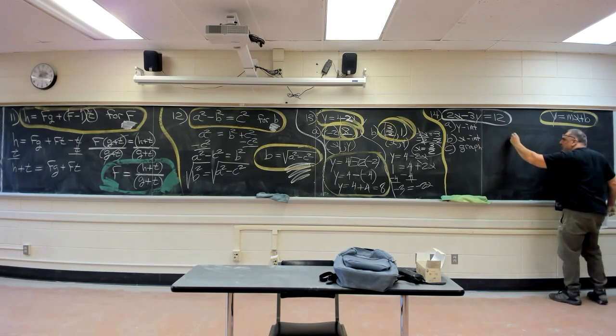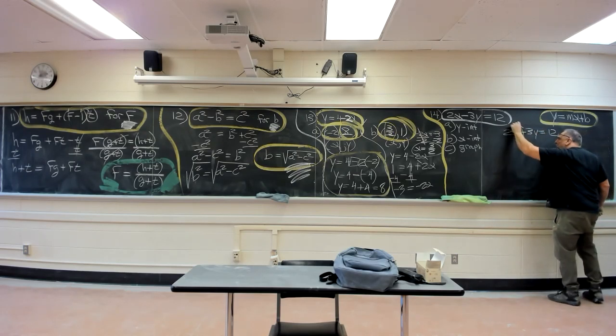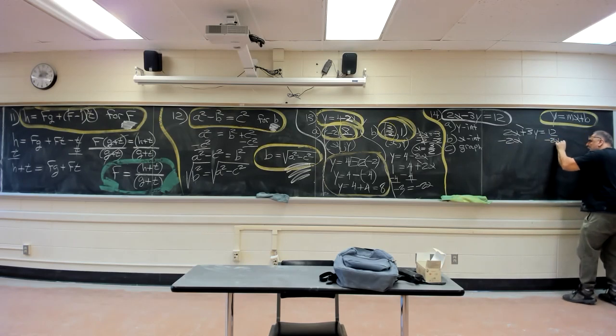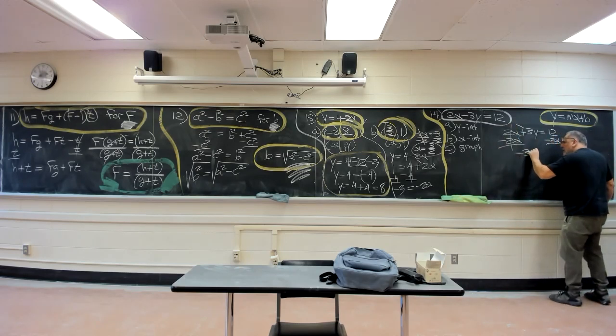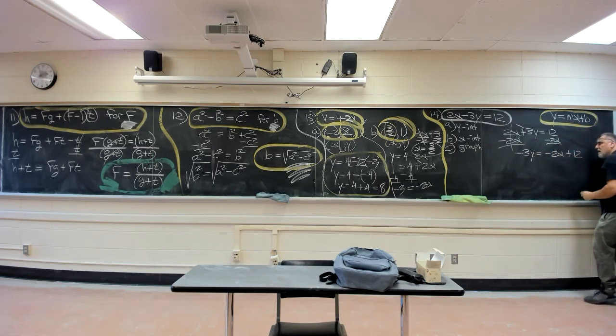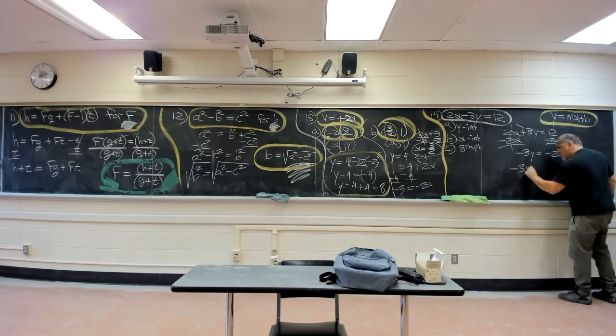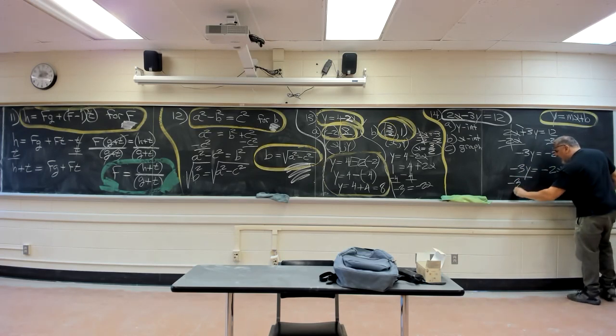Well, you can take 2x minus y equals 12. Minus 3y is plus negative 2x. Let's divide by negative 3 on the side.